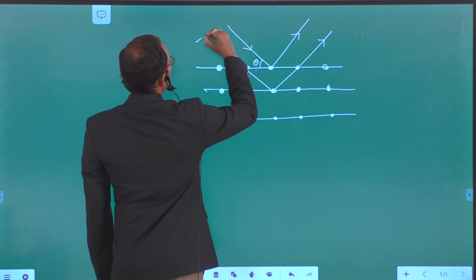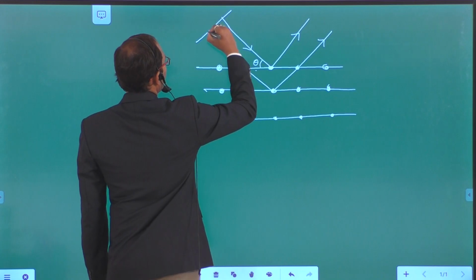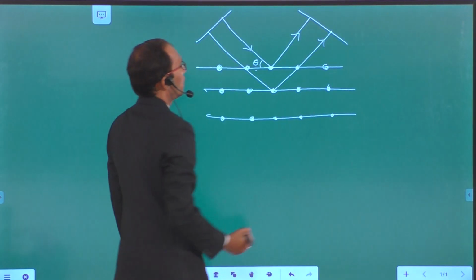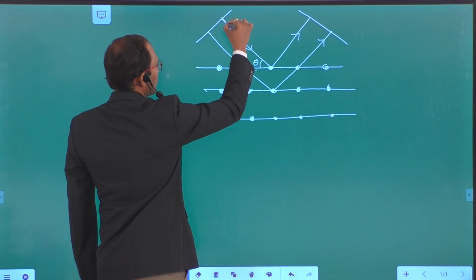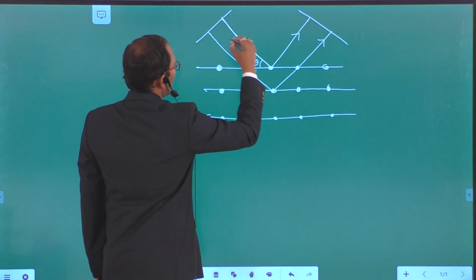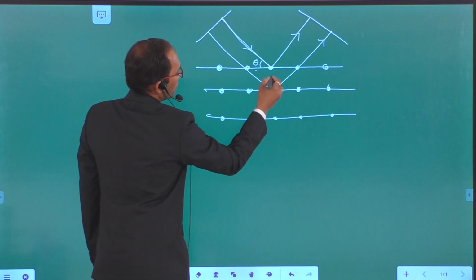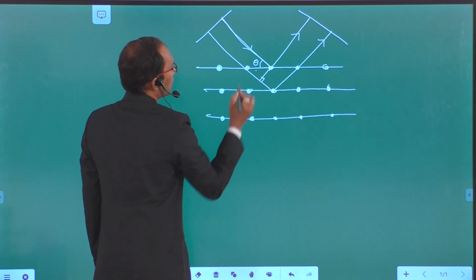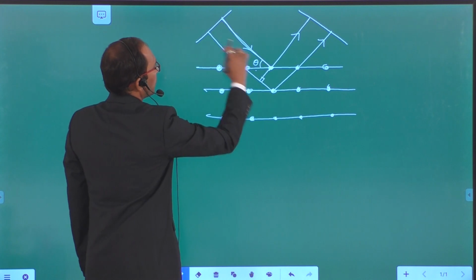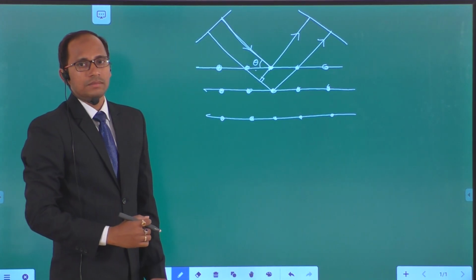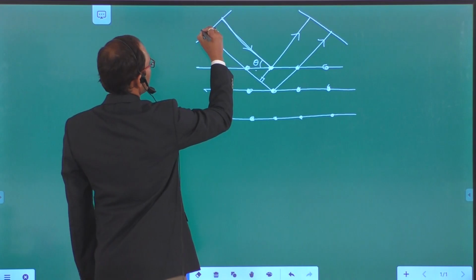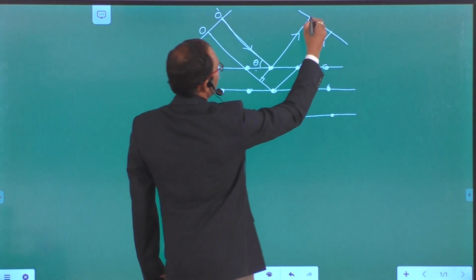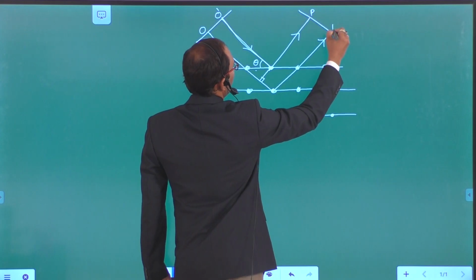For example, if I draw a normal from here to here, then the length of this one and the length of this one are equal, geometrically. Say this is O, and this is O dash. If I say this is P, this is P dash.